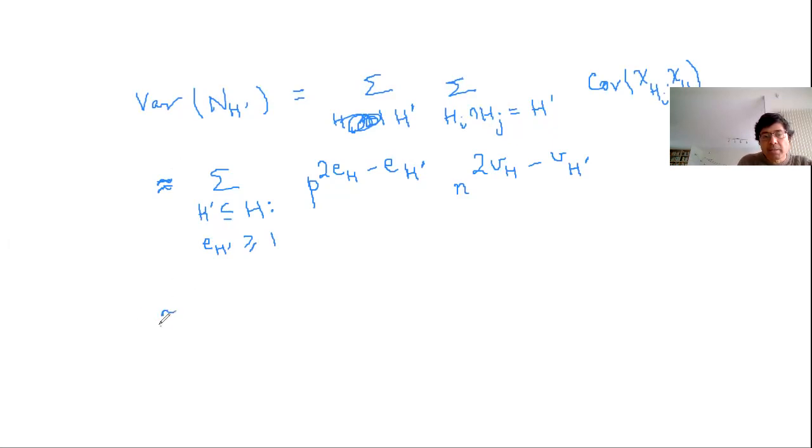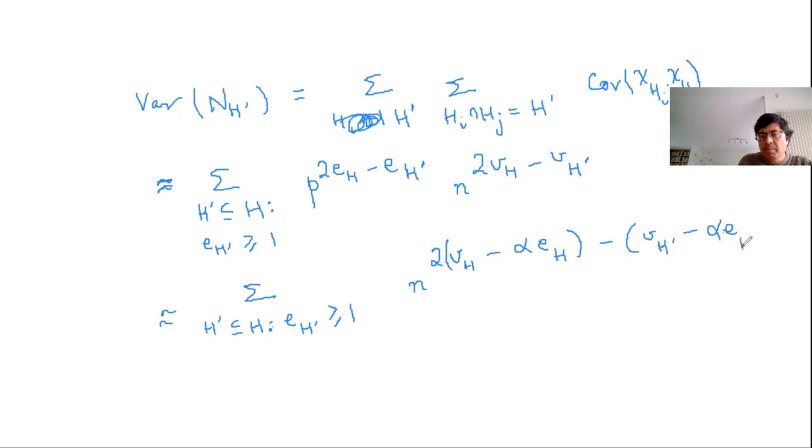And so this is approximately the sum over H prime subset of H containing at least one edge of n to the, let me group together terms in a certain way, 2 times vh minus alpha eh minus vh prime minus alpha eh prime.